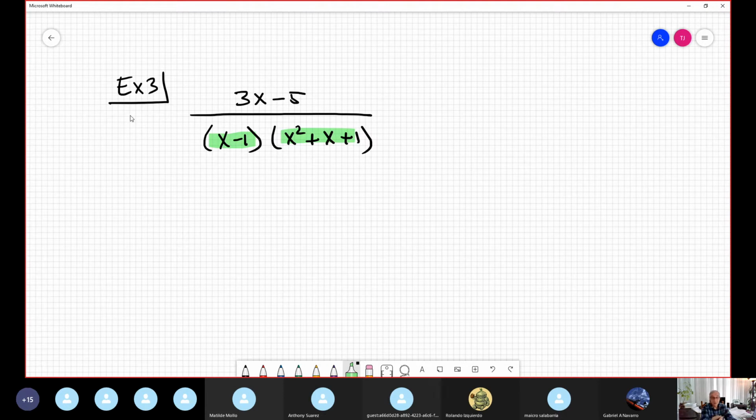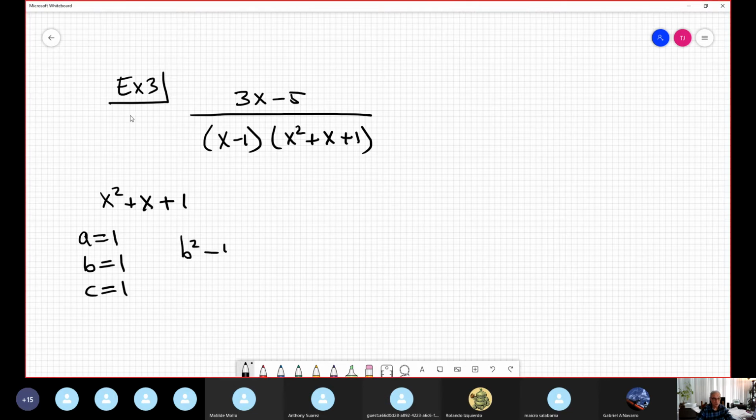If you don't know, there is one easy way to do that. You take this guy out, x squared plus x plus 1. You consider it like a quadratic equation, where a, b, c are 1, 1, 1. And you compute, not the complete quadratic formula, just the expression inside the square root. By the way, this is called the discriminant.